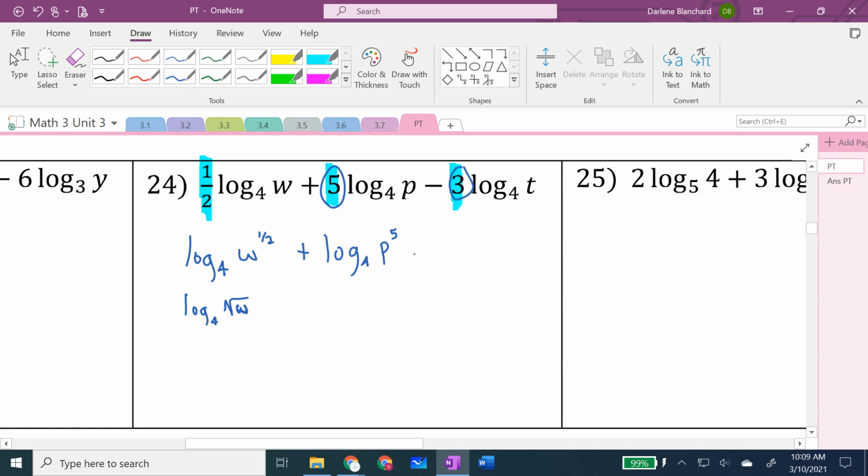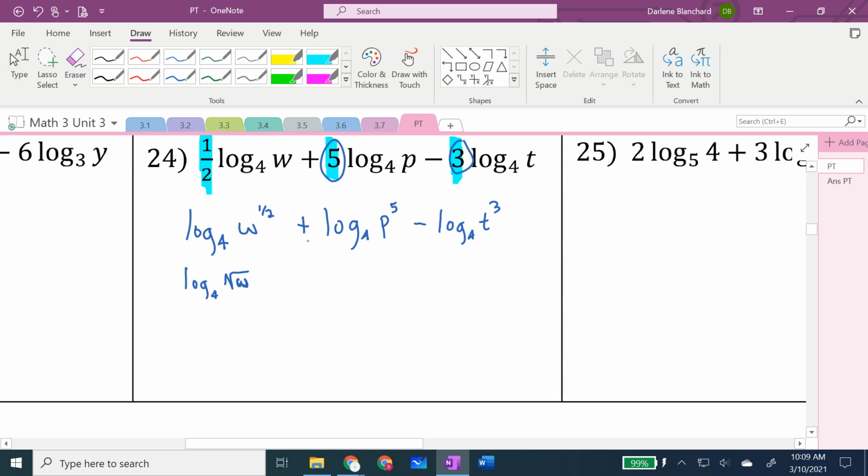And then this 3 becomes an exponent on the t. Now you have addition and then you have subtraction. If you're able to see it quickly, you can write it quickly. And what I'm going to do as I write this, I'm going to use the square root of w instead of w to the 1/2. So I'm going to clean this up a little bit for the sake of just having it written one time.